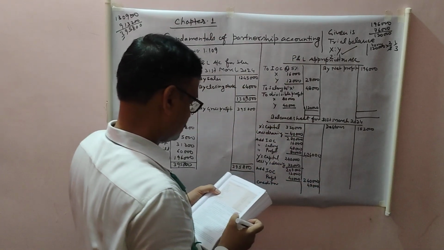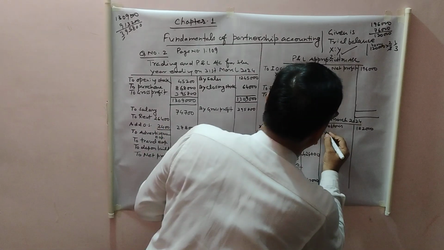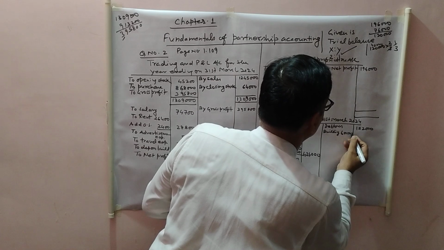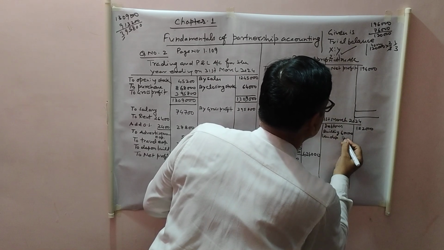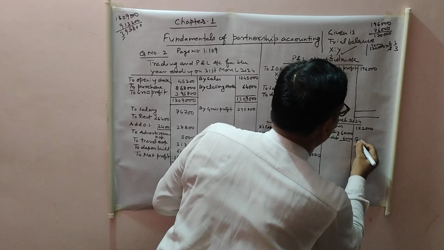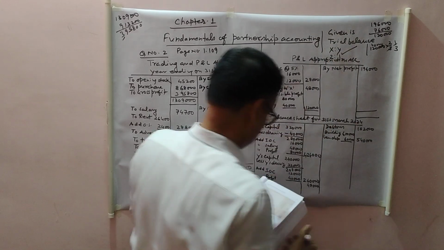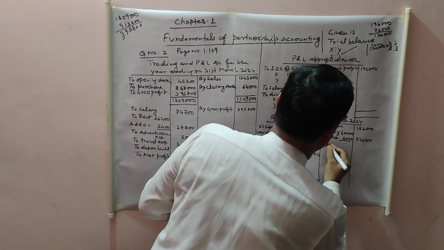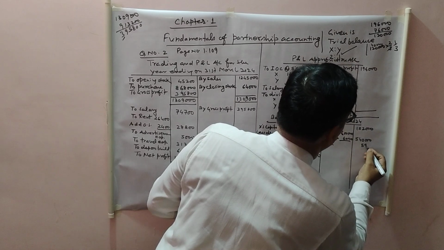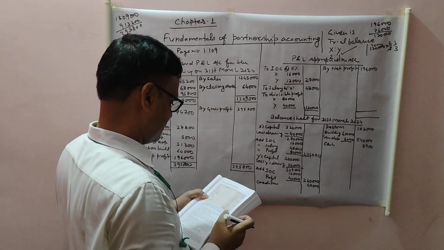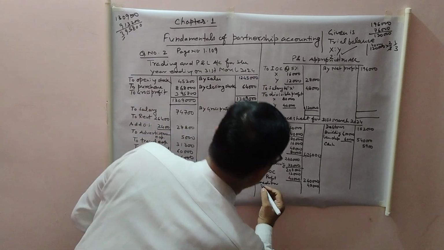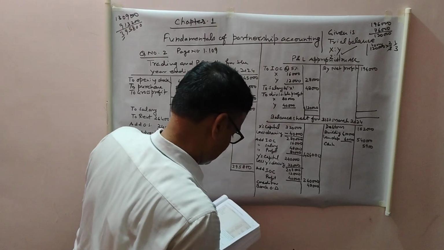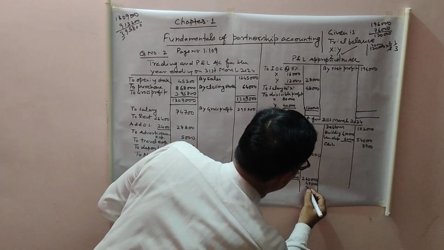Building 6 lakhs less depreciation 60,000, that is 5,40,000 is the final figure. Cash in hand 5,900. Bank overdraft is the liability that we will write here. Bank OD, that is 27,500.